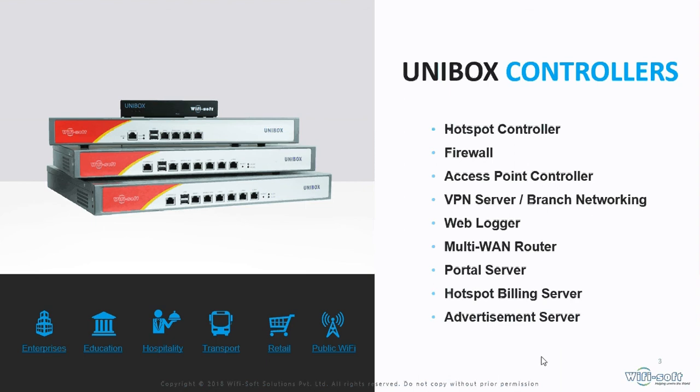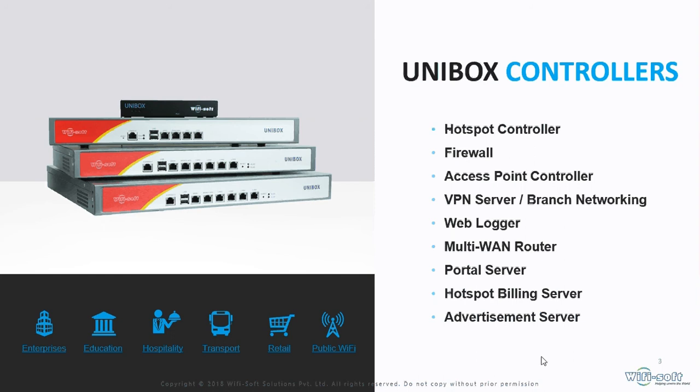UniBox controllers are designed to function as a hotspot controller, as a firewall, as an access point controller. It can also function as a VPN server. It has a web logging functionality. It also supports multi-WAN features. It has a built-in web server on which you can run captive portals.